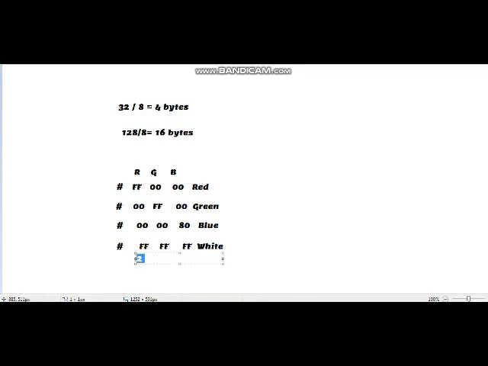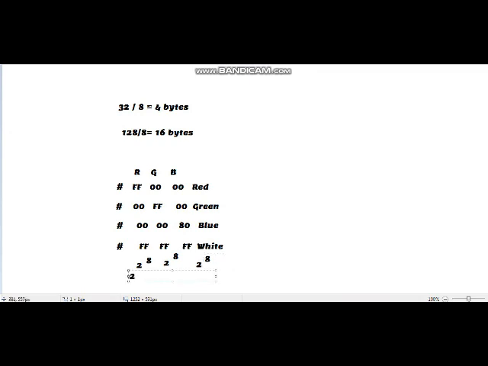The maximum number of shades that can be accommodated for red is 2 raised to power 8, and for green also 2 raised to power 8, and for blue also 2 raised to power 8, and 2 raised to power 8 is 256.